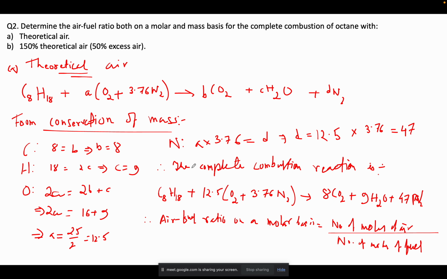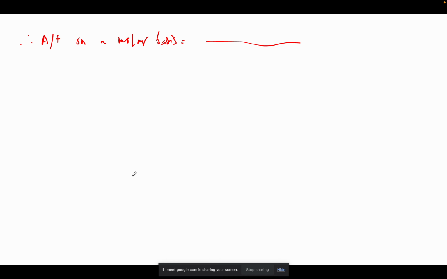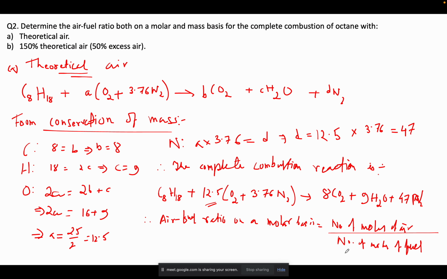Air fuel ratio on molar basis. So number of moles of air is what? 12.5 into 1 plus 3.76, isn't it? So this will be 12.5. Number of moles of oxygen 1, number of moles of nitrogen 3.76. Okay, this is the number of moles of the incoming air, and number of moles of the fuel is 1. Yes or no?